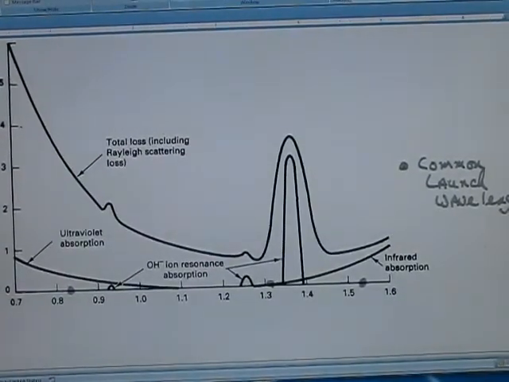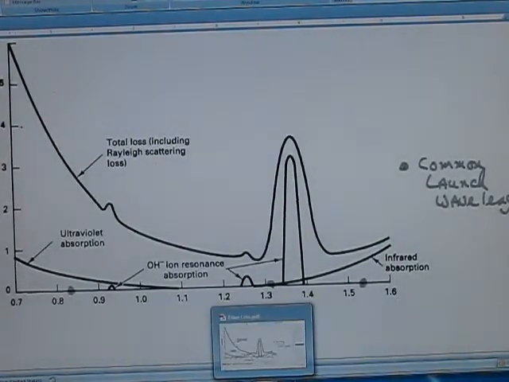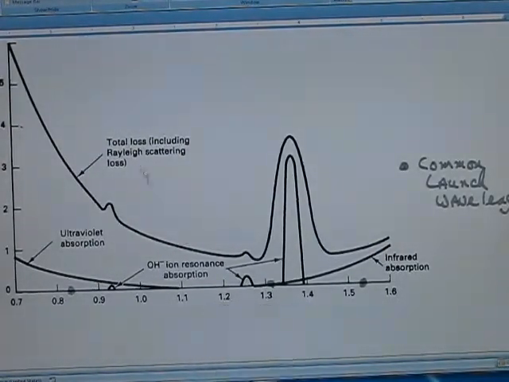What we're looking at here is the loss characteristics of a fiber optic cable, and the one of interest here is this guy. This is the total loss that incurs a lot of different components.